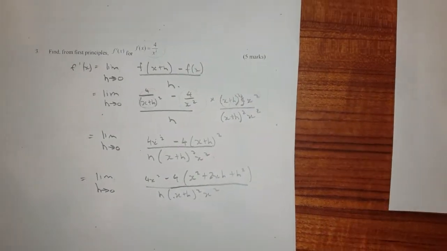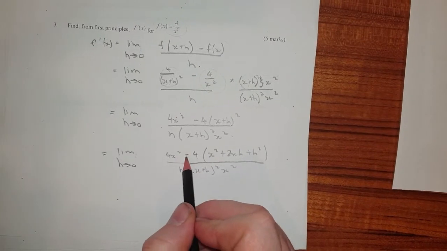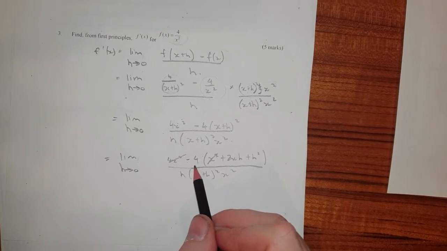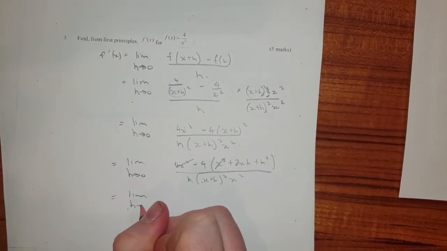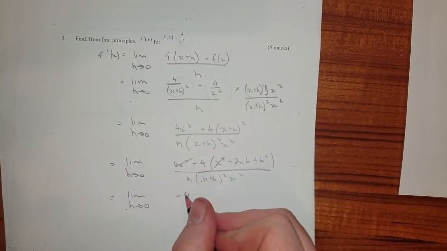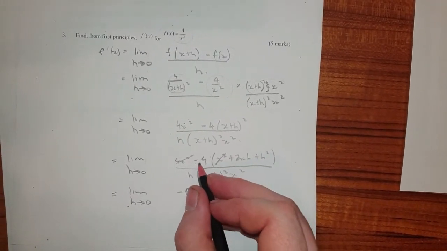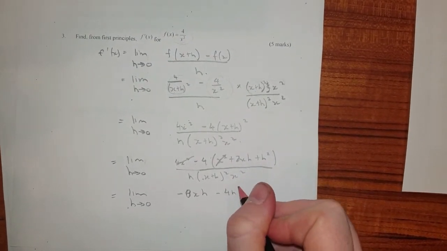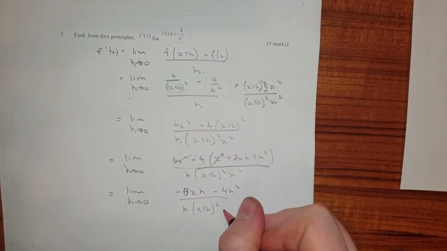Okay, now if I look at this, I could rewrite that again, but I'm going to be lazy, and I'm going to go 4x squared take 4x squared, so that will cancel with this. And I'm going to be left with the remaining bits, aren't I? So I'm going to end up with limit h tends to 0 of negative 4 times this, negative 8xh, negative 4 times positive h squared is negative 4h squared, all over h times x plus h squared times x squared.